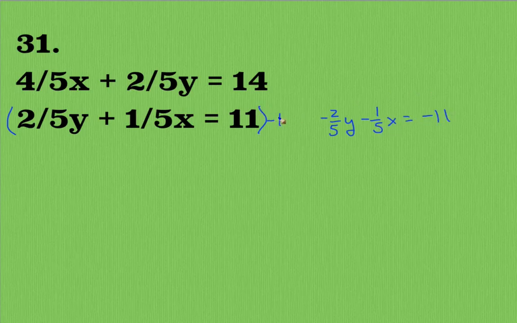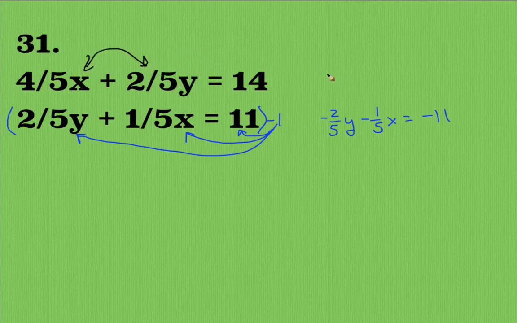So I distribute this negative 1 to each one of these terms, and this one also. And that makes every sign basically the opposite to what it was. And then my top equation remains the same, except I'm going to just switch these two out. That way my 2/5 y is right underneath my negative 2/5 y.